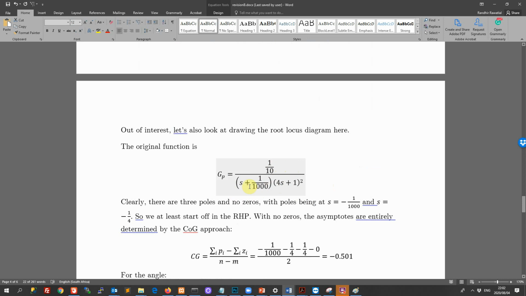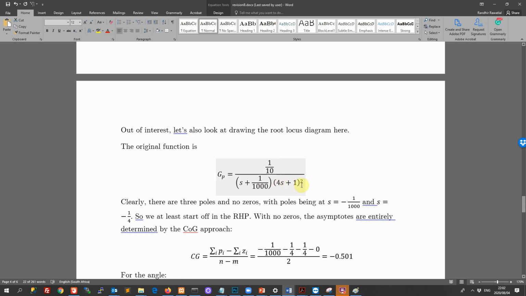We do have, and be careful here, 3 poles, right? We've got one pole here. So S equals -1 over 1,000, that's one pole. And then here we've got 2 repeated poles. So S equals minus 1 over 4.